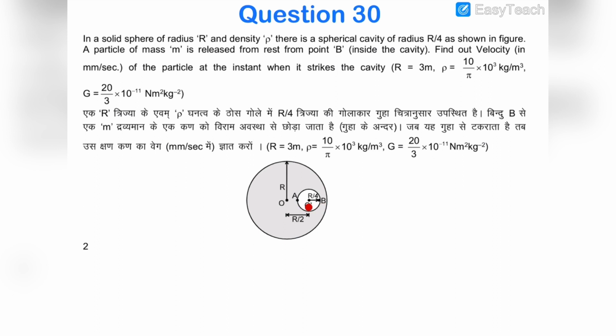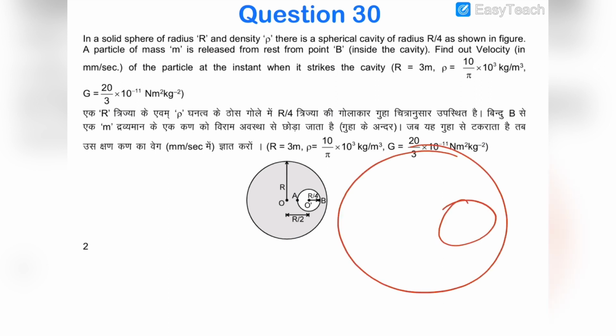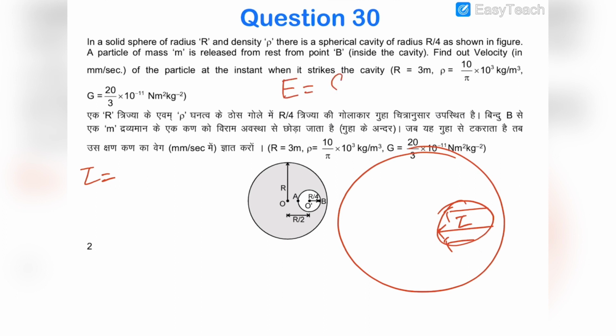Okay, so we know that the gravitational field intensity inside the cavity would be towards this side, and by analogy with electrostatics, we know that the electric field inside the cavity was rho into the distance between the centers upon 3 epsilon naught, where G is equal to 1 upon 4 pi epsilon naught.